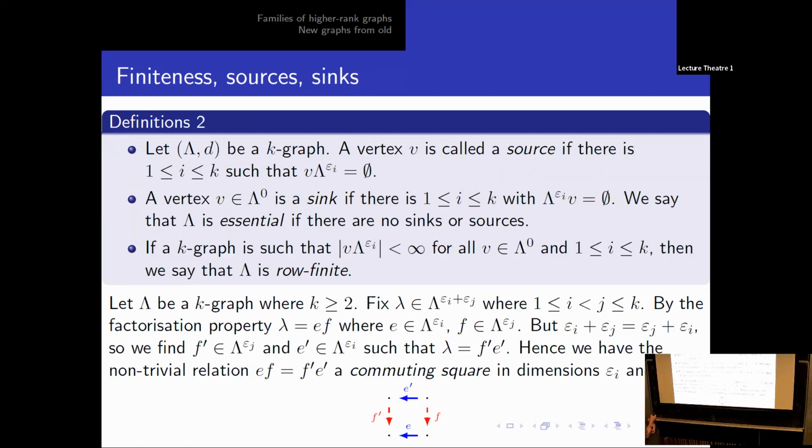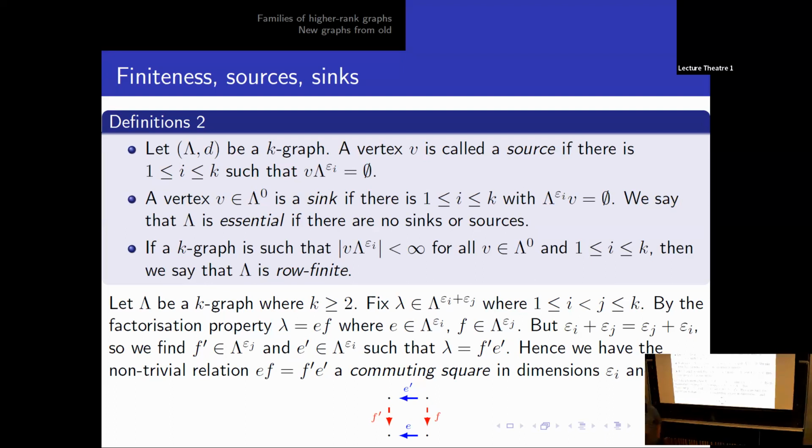So these graphs can have sources and sinks. A source is something that doesn't receive any morphisms, and a sink is something that doesn't emit any morphisms. And if there are no sources and sinks, then lambda is essential.